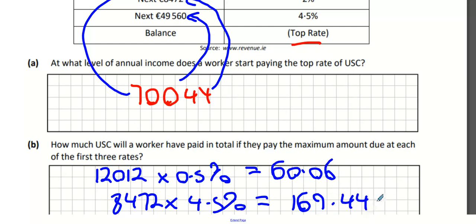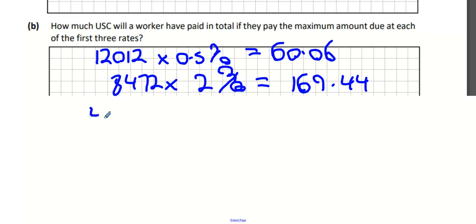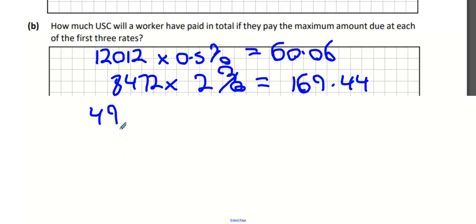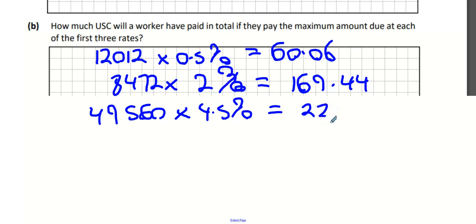Right. Next one. You're paying your next 49,560 at, oh, sorry, that was 2%, not 4.5, wasn't it? Sorry, that was 2%, not 4.5. And you're next paying your 49,560 at 4.5%, which is 2230.20.